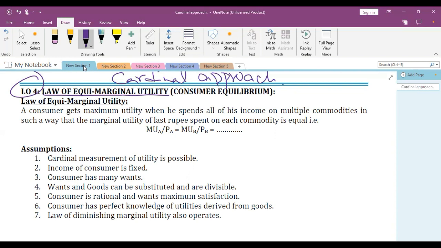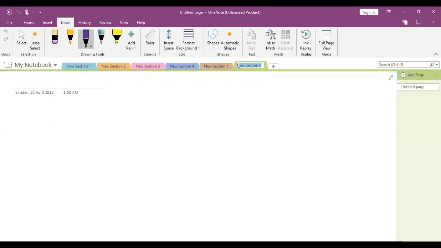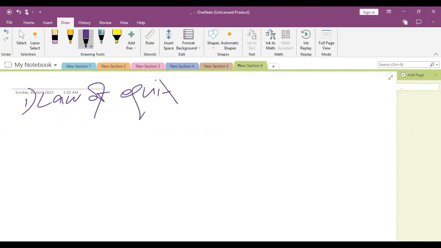Let's start this topic. There are different names of the law of equi-marginal utility. Students should know each name so you have a complete grip on this topic and you can answer all queries of the examiner, whichever name it has been asked in. First name that is already studied here is law of equi-marginal utility.